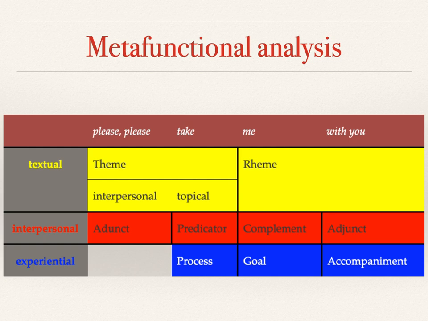That's an interpersonal analysis. And in this example then, "please," that's an interpersonal adjunct of entreaty, given the status of interpersonal theme. And then the unmarked topical theme, predicator, and then the remainder, complement and adjunct. And then finally, after we've gone through this in the next few lectures, we'll turn to the clause as a figure, the experiential line.